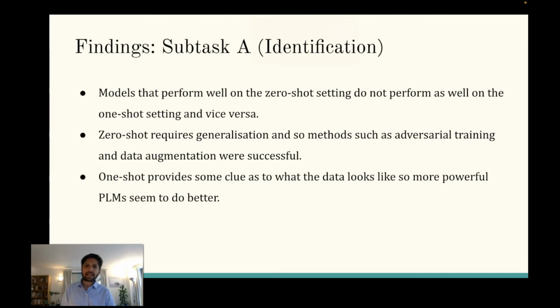This is rather interesting, but it is intuitively clear, because what is required in the 1-shot setting is recall, because we already understand what that idiom is, or we have some information pertaining to it, and we need to then identify the same usage. Whereas in the 0-shot setting, we need generalizability, and this reflects in the methods that were used. For example, methods that perform well in the 0-shot setting used adversarial training and so on, and those that performed well on the 1-shot setting used more powerful PLMs.